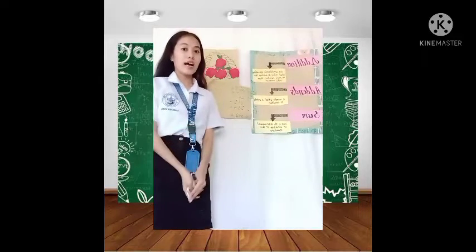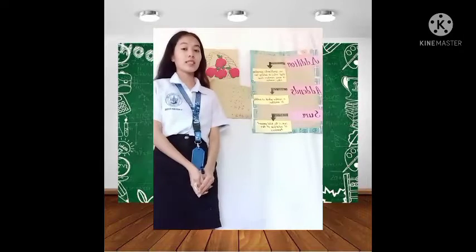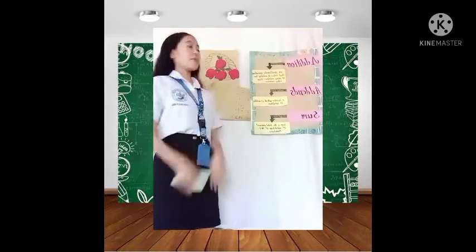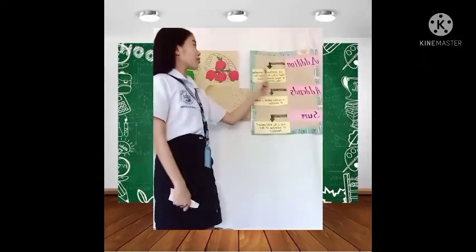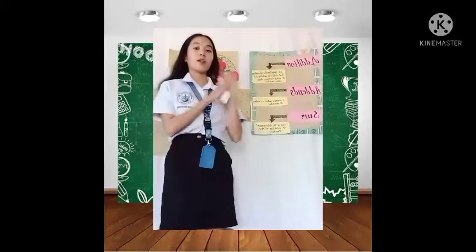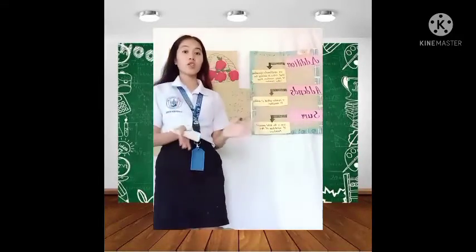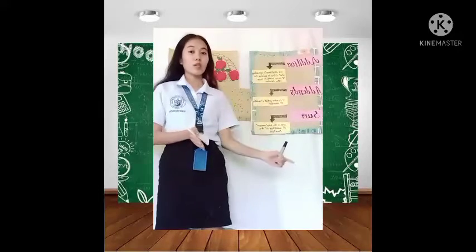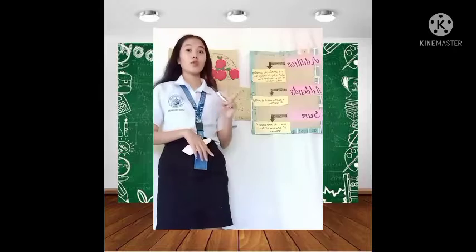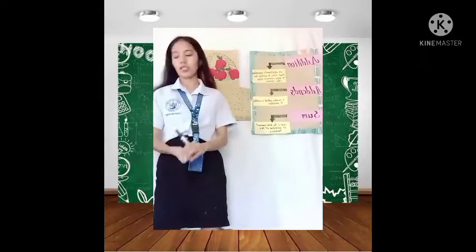Class, did you know that addition is the opposite of subtraction? Yes, because addition refers to adding two or more numbers to the other number, but subtraction is removing an object from a collection. So it means that in addition, of course, we will add. Okay, so what is addition again?